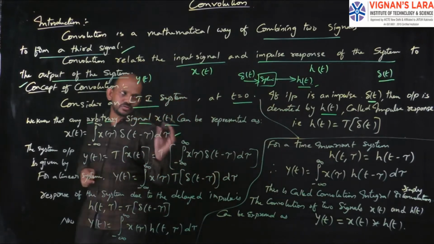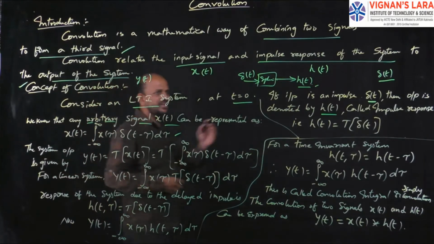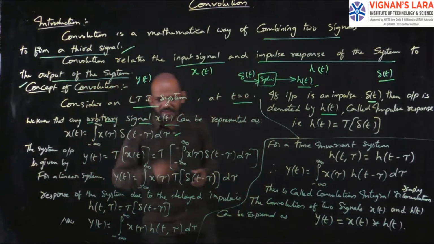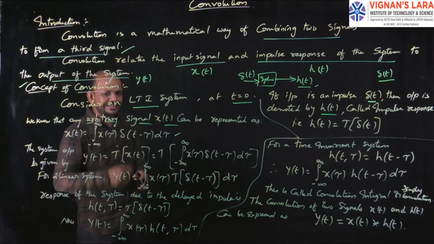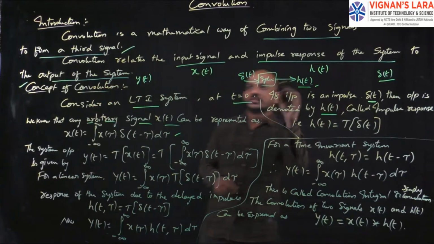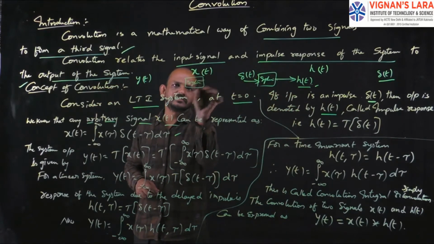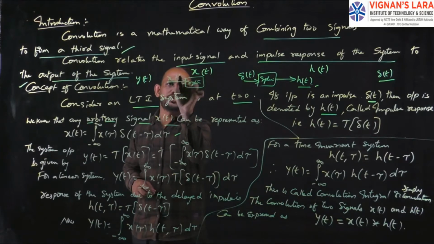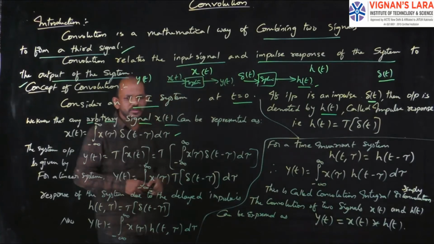Okay. Now see the system output. Now the system output is given by y of t equal to transformed version of x of t. So there is a system with input x of t and output y of t.